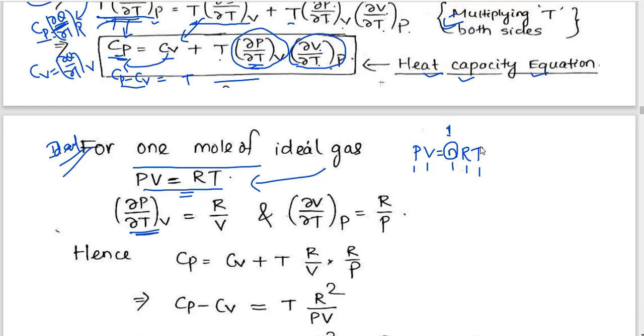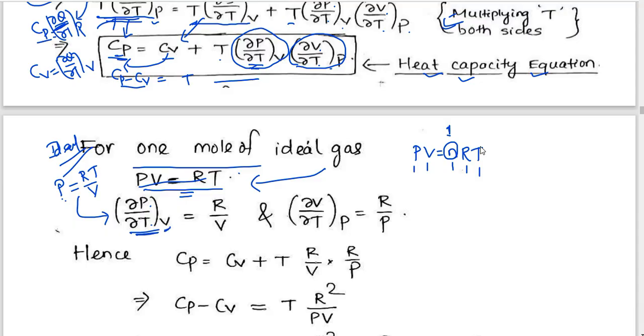Okay, so इसमें P क्या होगा, P होगा RT by V. So differentiate this part, del P by del T, derivative of this P with respect to T at constant volume.